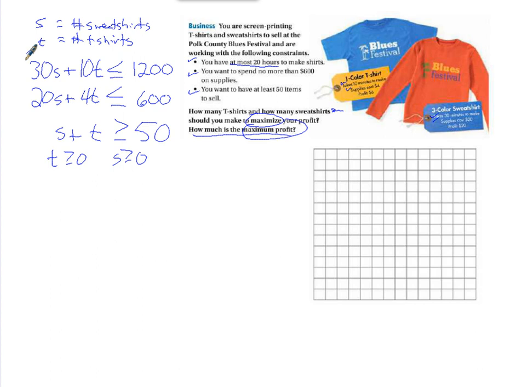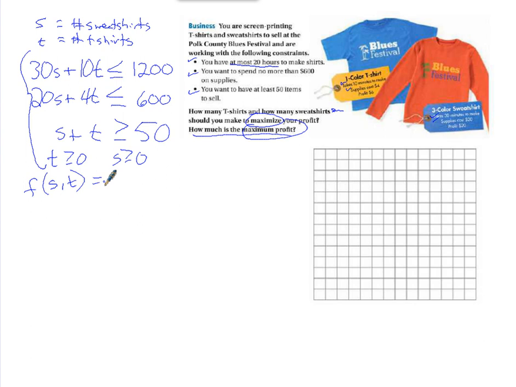So this is the system of inequalities that we're going to graph. The last thing to write is the function that we're going to use to optimize the situation. The function is going to come from profit. We're trying to maximize profit. So that's where the information has to come to make our function. F of my two variables, S comma T, equals.